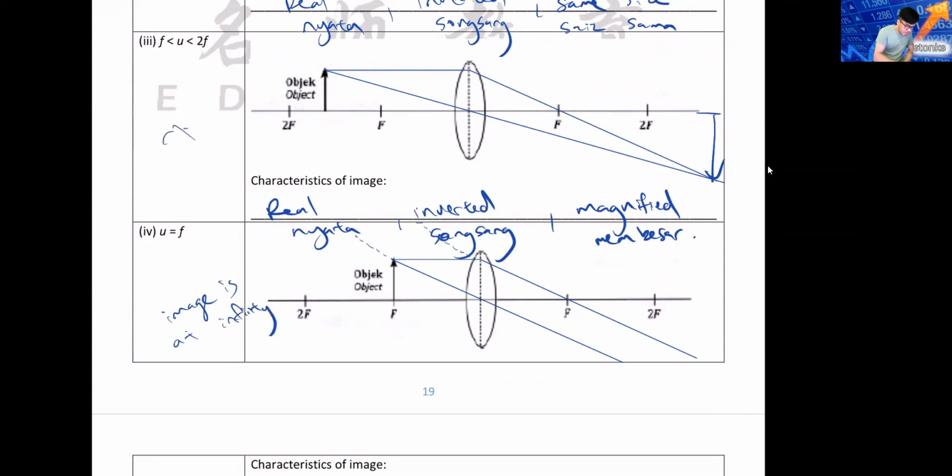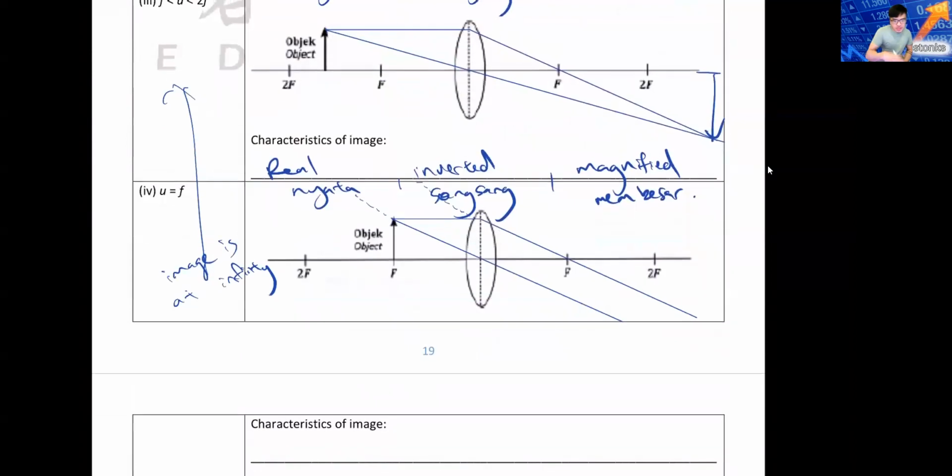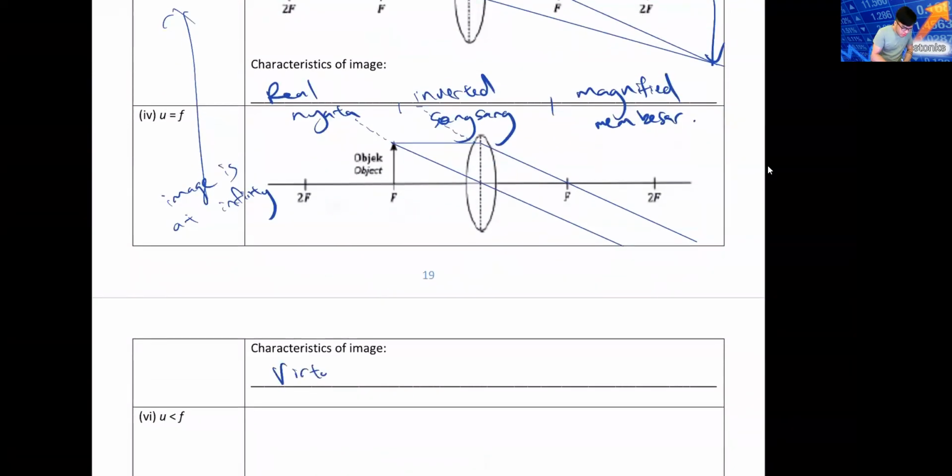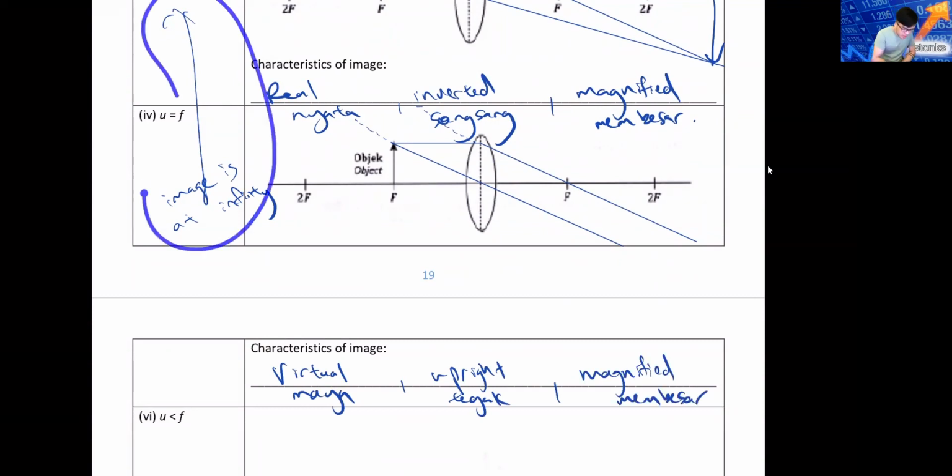Okay, they are like here, very big. But still you need to describe the image. Anything on the screen? No. So this is virtual. Maya. This is upright. Tegak. And this is very magnified. Besar. So magnified lor.